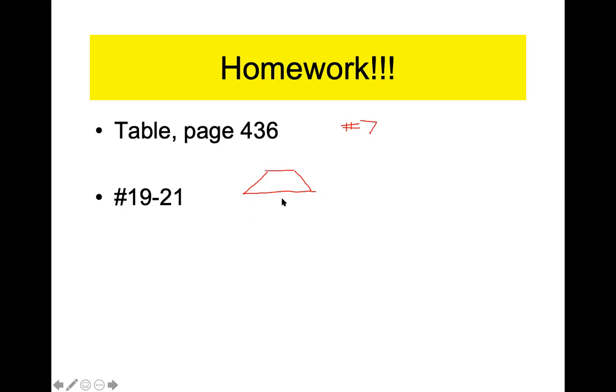So we're told that base 1, we're going to assume that base 1 is the larger of the two sides. Base 1 is 7. We don't know base 2, so let's just put literally base 2. We are also told that the height is 9 root 2.